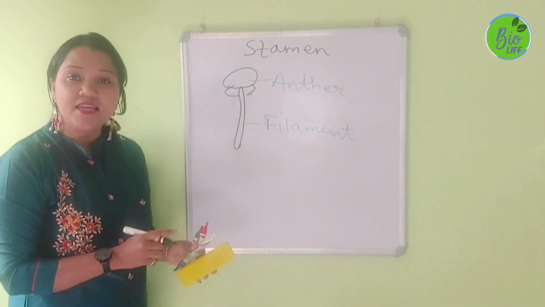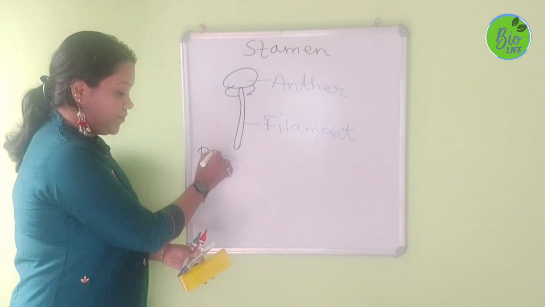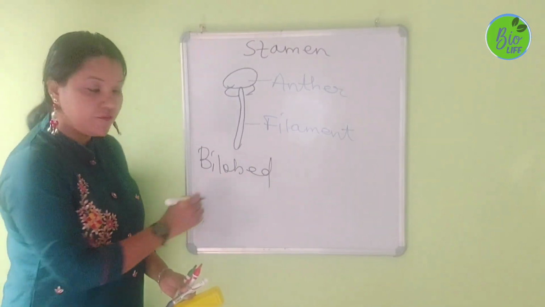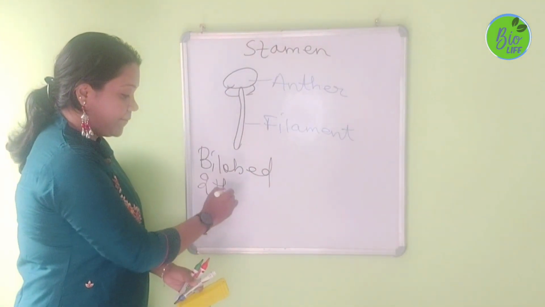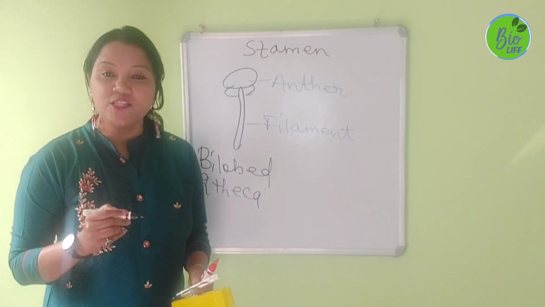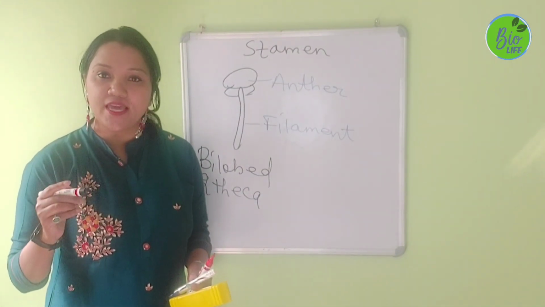The anther is bilobed and each lobe consists of two theca.